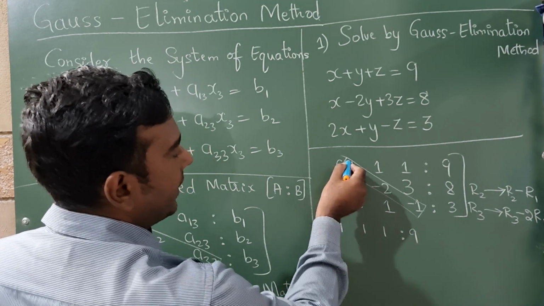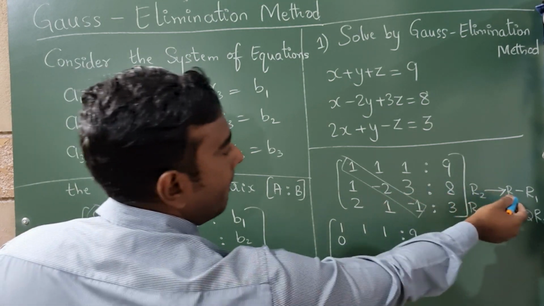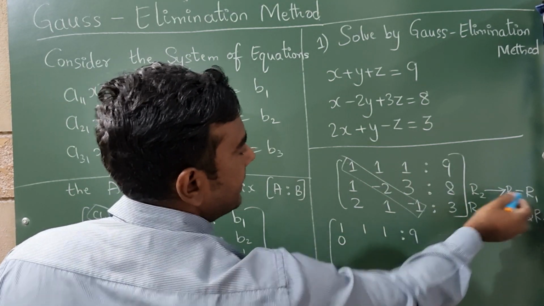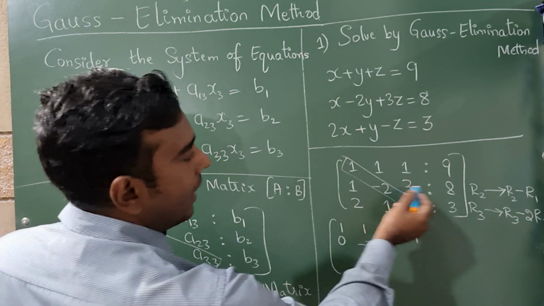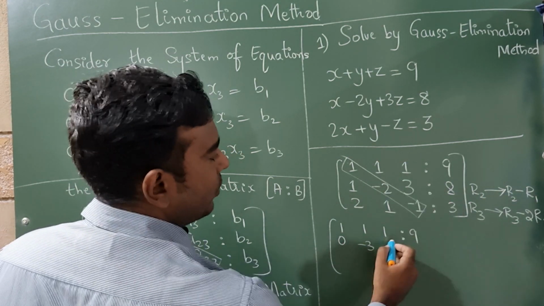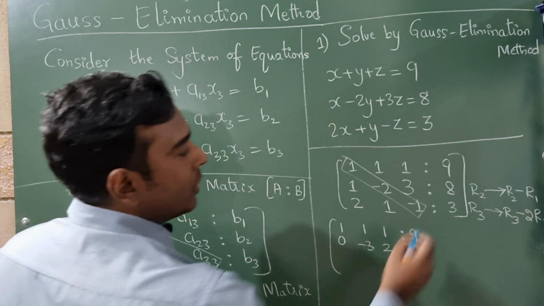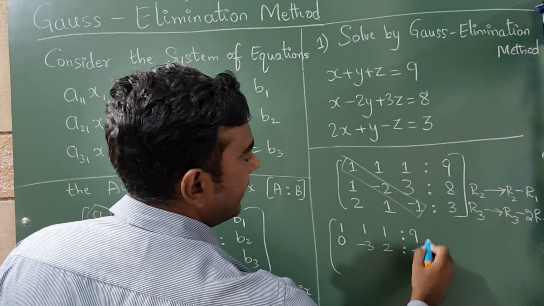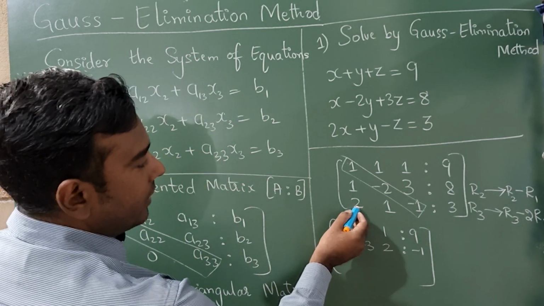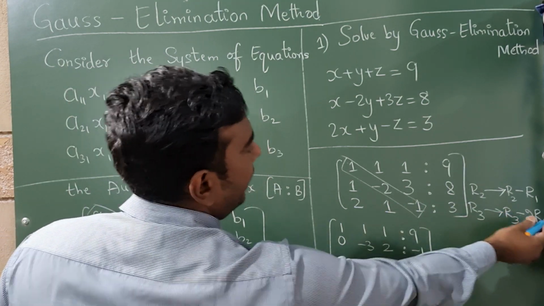Now R2 minus R1, so this will become 0. Minus 2 minus 1, substitute in this, will become minus 3. R2 is 3, minus 1 is 2. Substitute in this, R2 is 8, minus 9, so it is minus 1. Now this one, R3 is 2, minus 2 into R1.